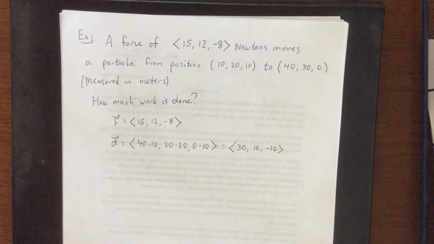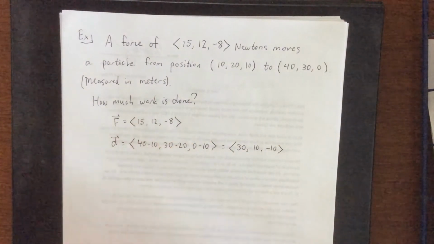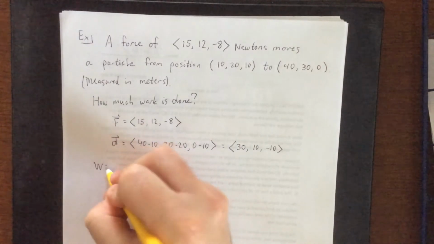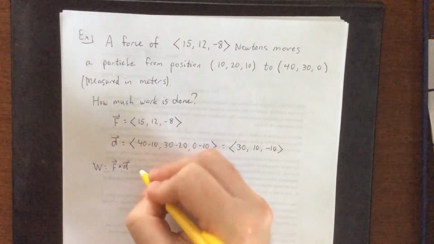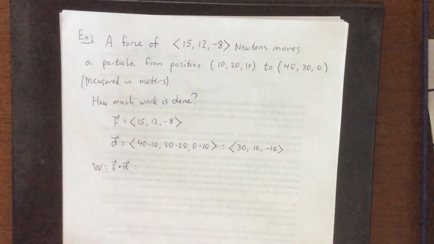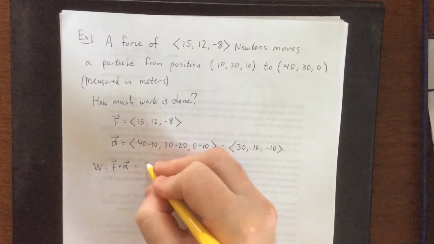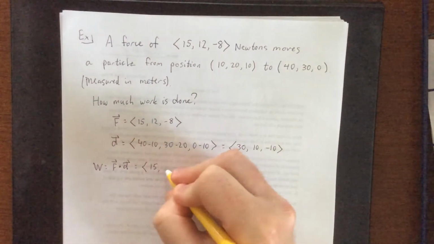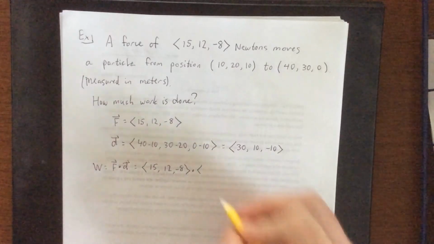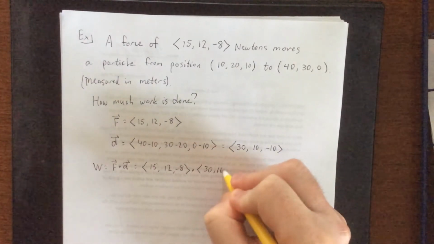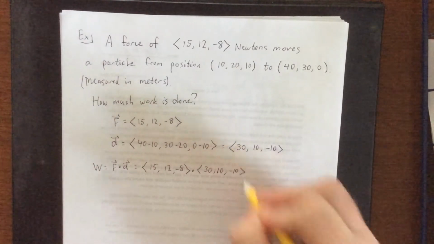Now, because I already have these in terms of their components, I'm going to do a traditional dot product to multiply these two things together. So work is equal to the dot product of the force and the distance. So we'll be taking our force of 15, 12, negative 8, and we'll be dotting that with 30, 10, negative 10.